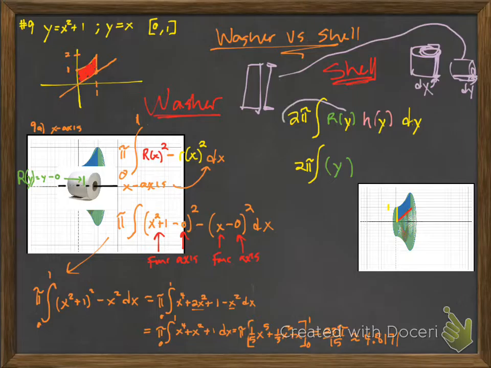That's the height or the length of that piece of unrolled toilet paper when we're talking cylindrical shells. This width here that I'm showing in this picture is how thick it is, or how wide it is, and that's dependent on the two functions that create this. That comes from this piece right here. That's your height that I put in there. And then dy is the thickness of the toilet paper.